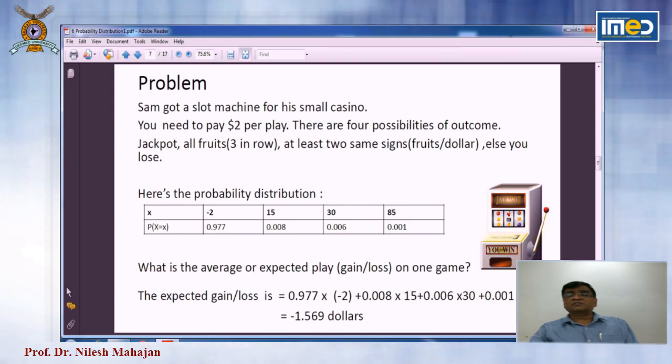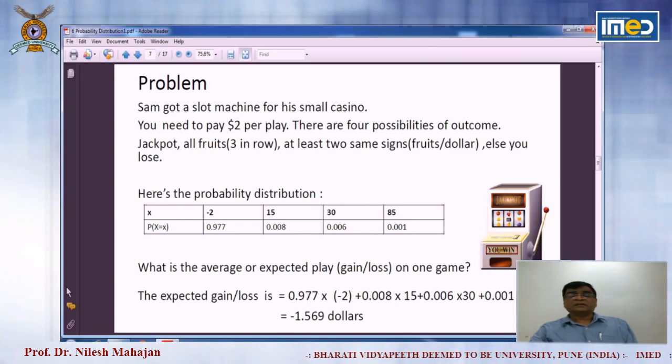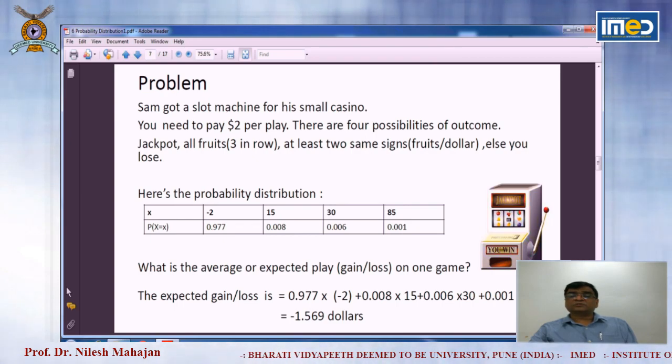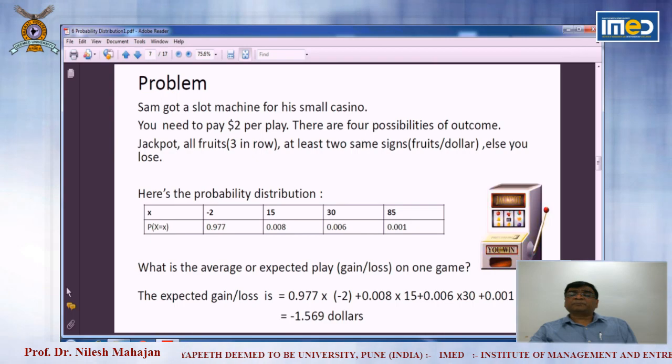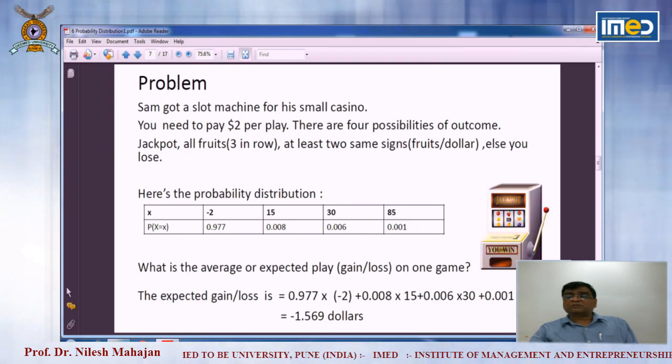Here the probability distribution is: X equal to -2, 15, 30 and 85, and P(X) probabilities are 0.977, 0.008, 0.006, 0.001. What is the average or expected gain or loss on one game?